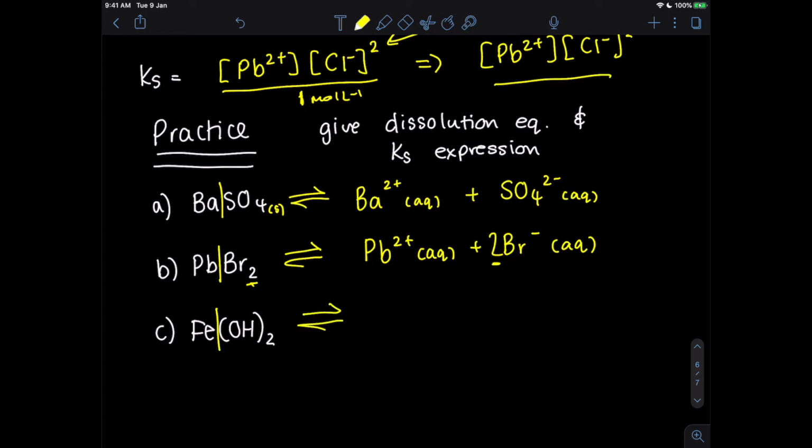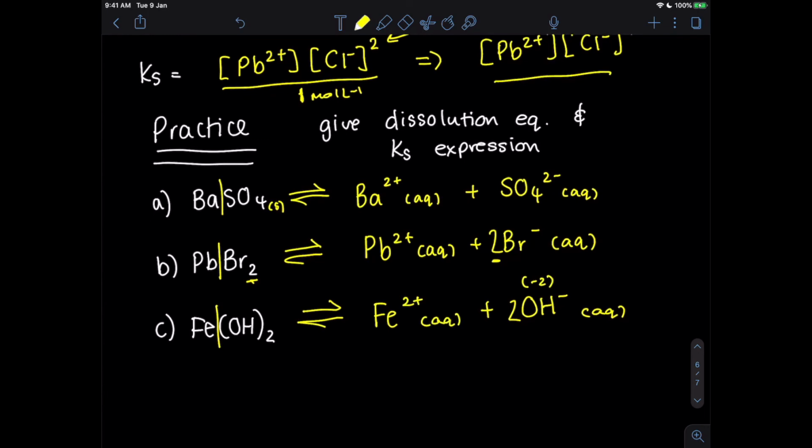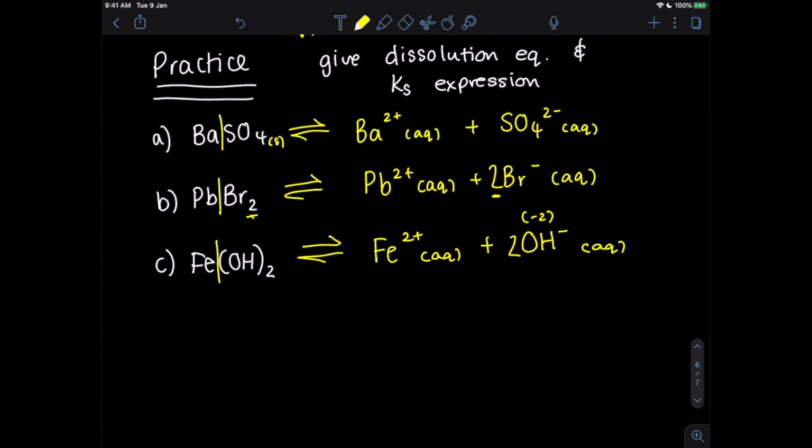And then finally we have iron and OH-, so OH is always OH-, it's never anything else, and I've got 2 of them, which again will make an overall charge of -2, so therefore my iron must be Fe2+. So give that a pause and then come back for the Ks expressions if you need, otherwise wait 2 seconds and I'll show you the answers.